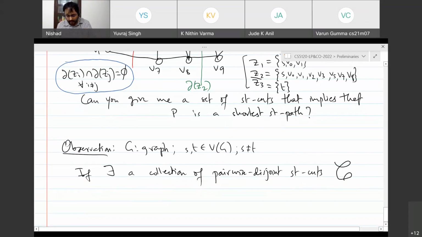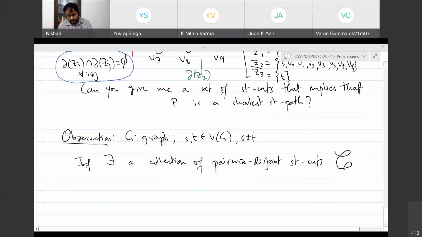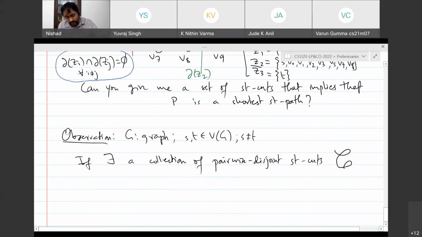So in this example, your collection would be partial of Z1, partial of Z2, and partial of Z3. If there is a collection of pairwise disjoint ST cuts, then the cardinality of any ST path is at least the size of this collection.